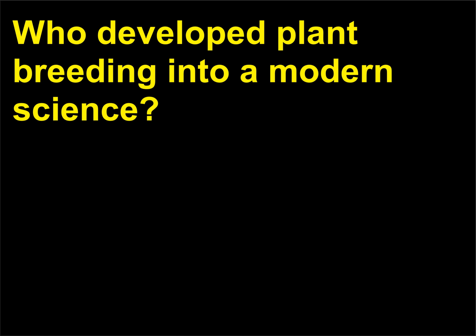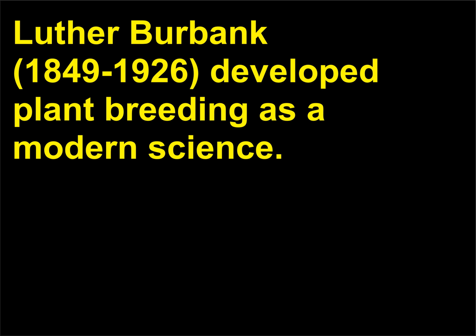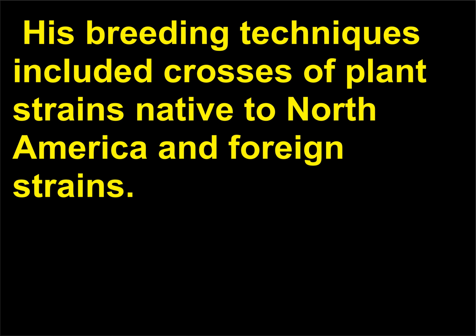Who developed plant breeding into a modern science? Luther Burbank, 1849 to 1926, developed plant breeding as a modern science. His breeding techniques included crosses of plant strains native to North America and foreign strains.